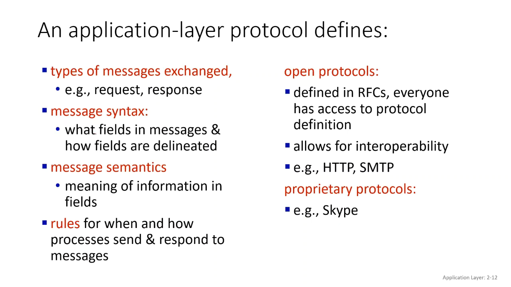The message syntax: what fields are in the message and how fields are delineated. So basically, when you send a message to the server or to the client, there is a way that the message is packaged so that the client understands exactly what's going on.